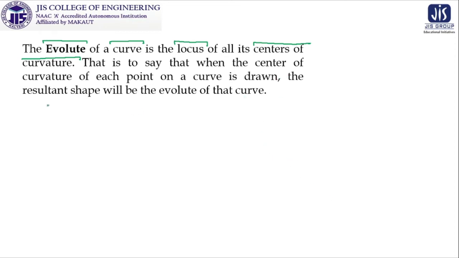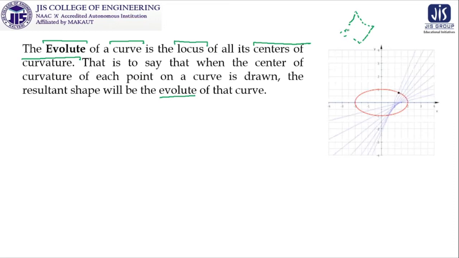So that is to say that when the center of curvature of each point on a curve is drawn, the resultant shape will be the evolute of that curve, like the previous problem when we have dotted lines. We have considered the center of that particular osculating circles, and we are getting some shape like this. Now you are getting another structure, and you can also follow this one.